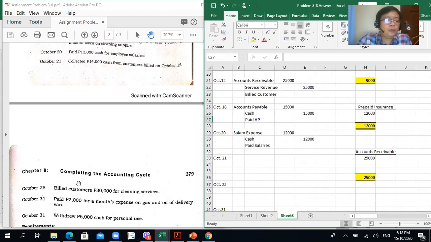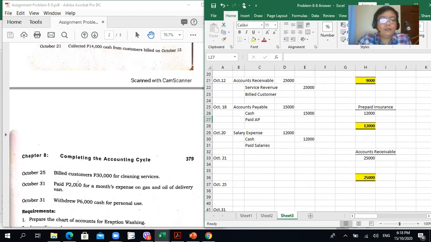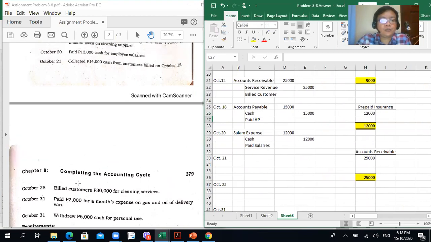October 21. What if you collect 14,000 from the customer's bill of October 12? Your customer had no money then, and paid on October 21, worth 14,000. What is the entry? Accounts receivable, of course. Very good. Debit cash, because you received cash worth 14,000.